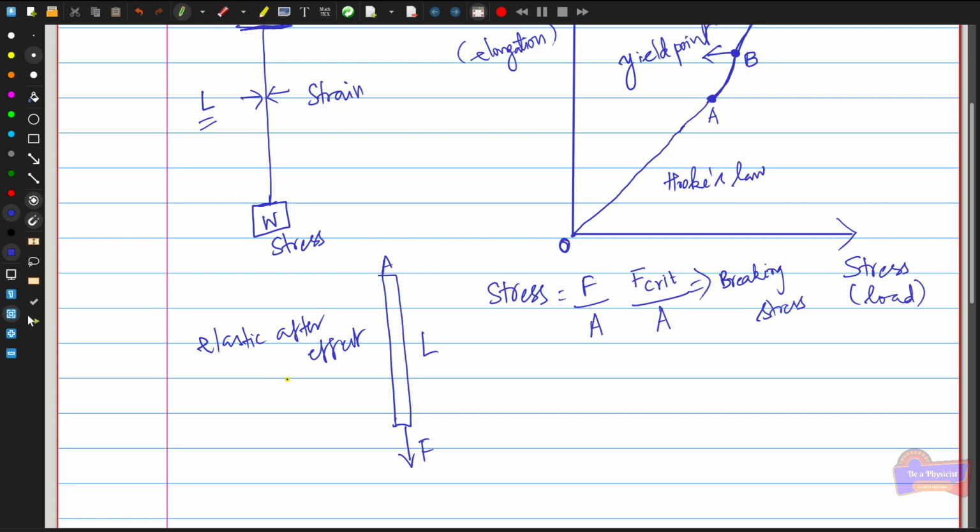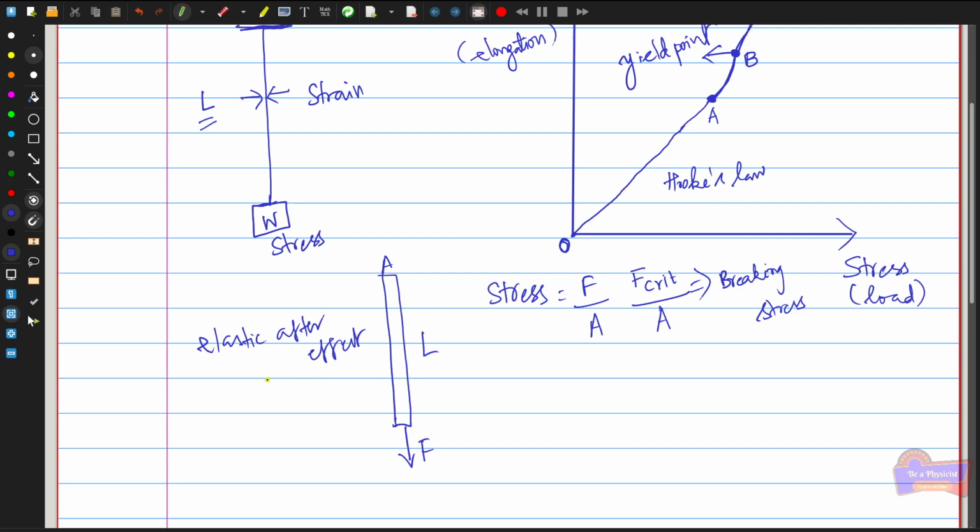Materials like quartz, silver and gold have a very low elastic after effect time. So if you use them as suspension wires in different experiments, the elastic after effect will be very small.